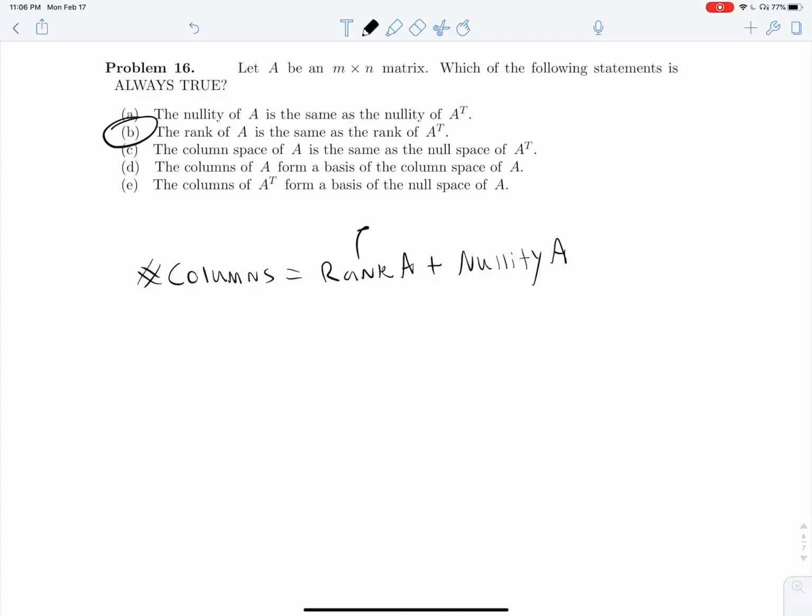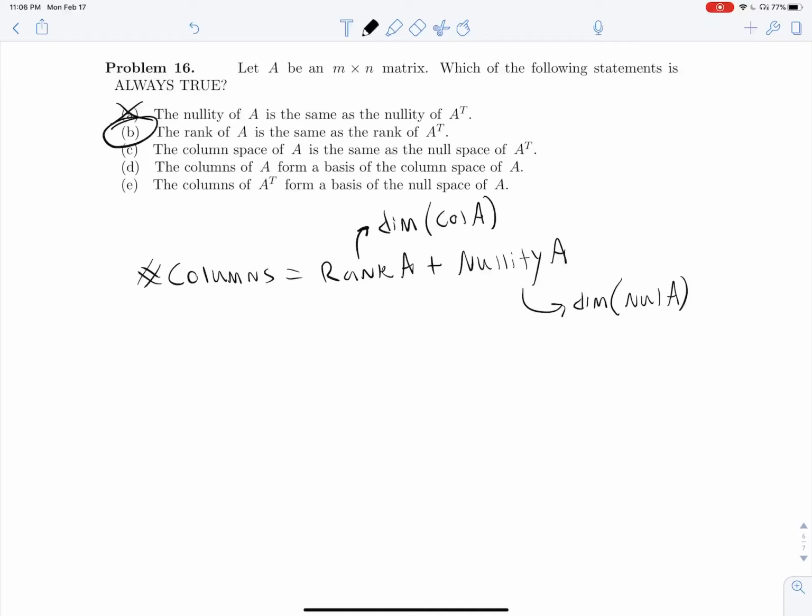And you can also make this a little more formal and say the dimension of the column space of A, just like you can translate this to say the dimension of the null space of A. And so from this fact, you can go and prove that all of these other ones really are false. Mainly, if we take a look at A, the nullity of A is the same as the nullity of A transpose. Well, if M and N are not equal, we're going to have a different number of columns when we transpose our matrix, but we know that we'll keep the same rank. So the dimension of the null space will have to change in order to compensate for that.